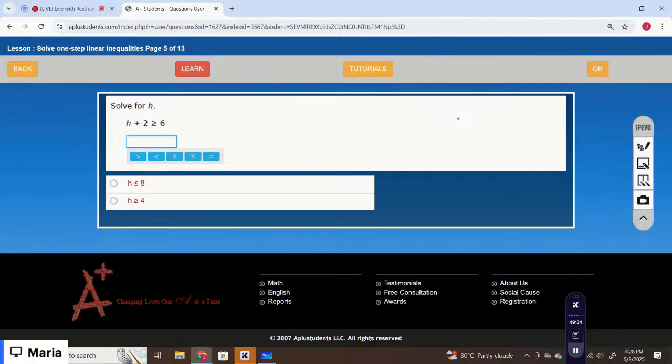So H is greater than or equal to 4. Option number 2 is the correct option.